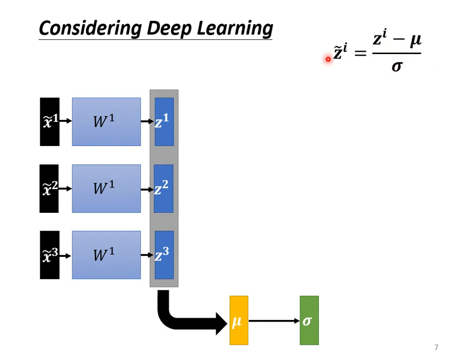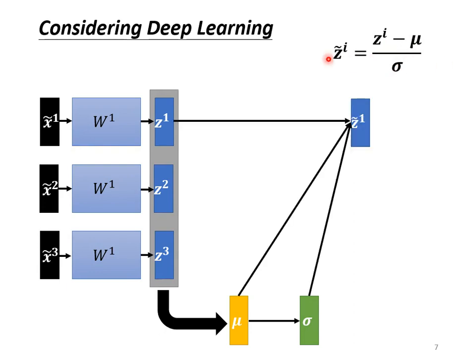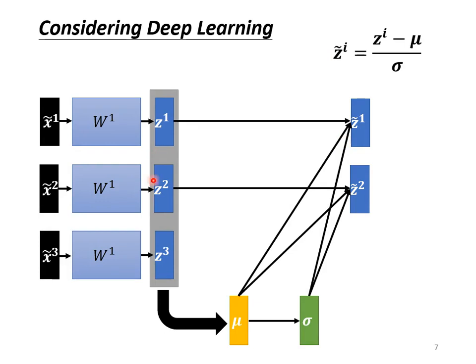We get z tilde here. Okay, so we just subtract mu from z1 and divide by sigma to get z1 tilde. Similarly, z2 minus mu divided by sigma gives z2 tilde, and z3 minus mu divided by sigma gives z3 tilde. That is, we perform feature normalization on z1, z2, and z3 to get z1 tilde, z2 tilde, and z3 tilde.